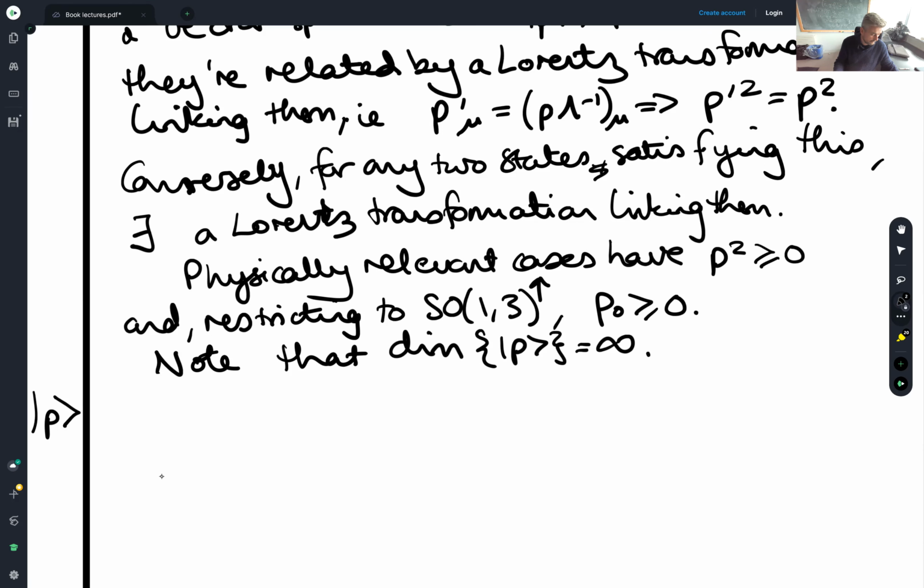Okay, so we're going to finish there. Next time, we will carry on applying this and construct our induced representation. The group is going to be the proper orthochronous Lorentz group in a semi-direct product with these four-dimensional translations.